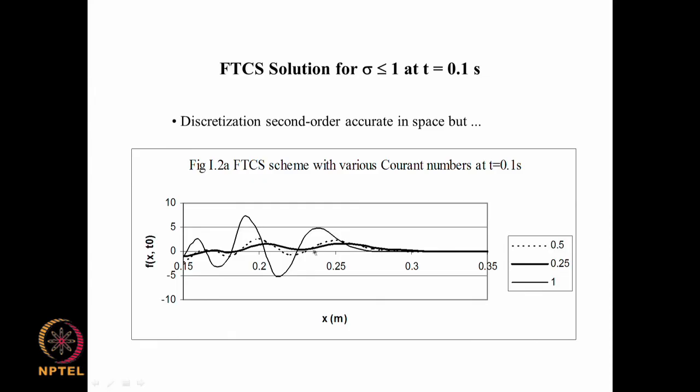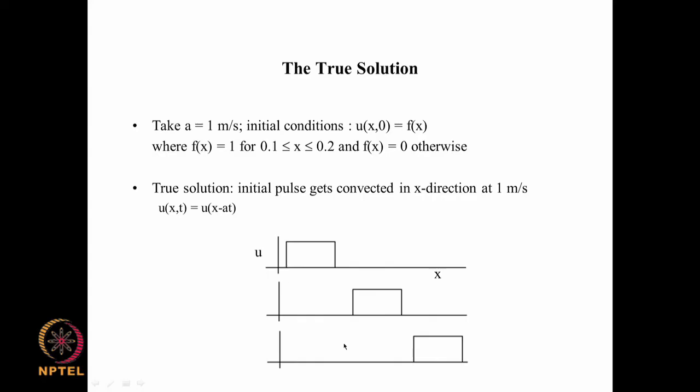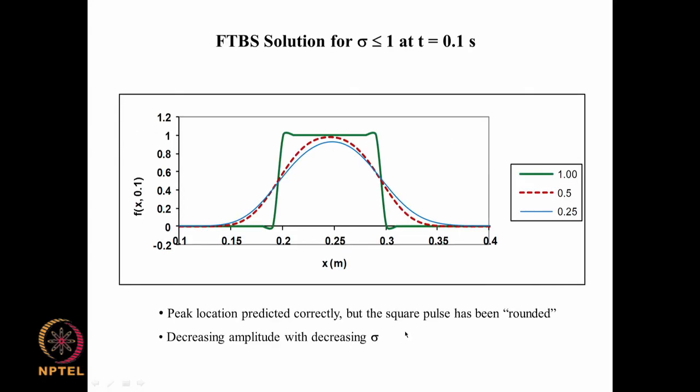So we should be getting something like this, and what we are getting is totally different. For example, with Courant number 1 we are getting a maximum value somewhere here of the order of 7 and a minimum value somewhere here, and it is not like the square pulse that we should be expecting here, okay.